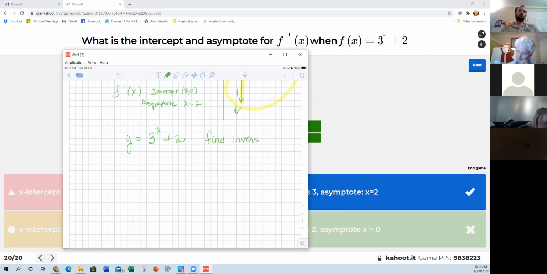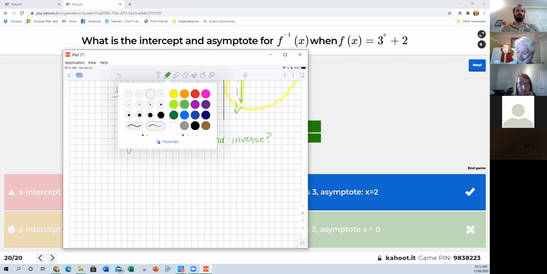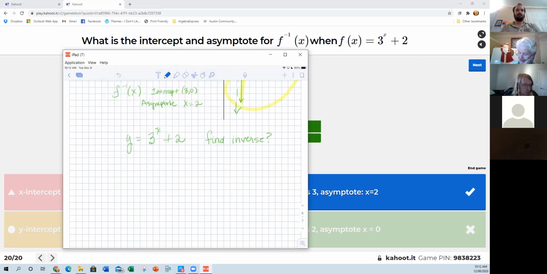Anyone remember from last unit what we did? Switch the x and y and then solve for y. Yes. So we're going to switch the x and the y, and we're going to solve for y.